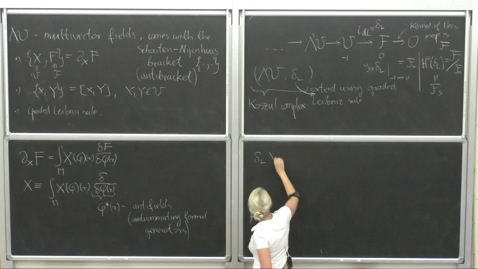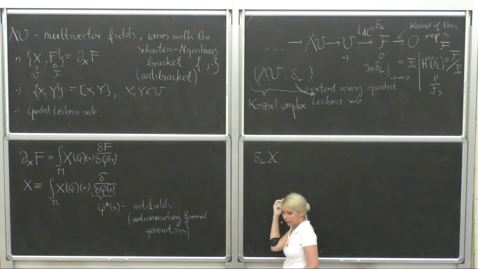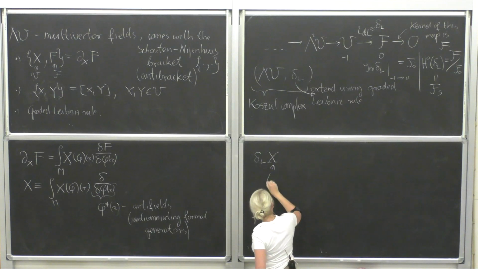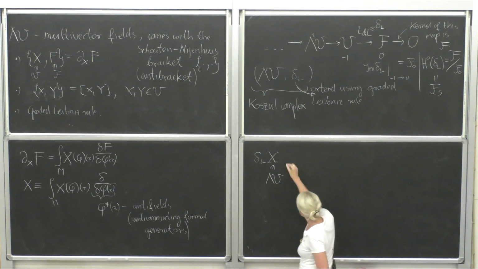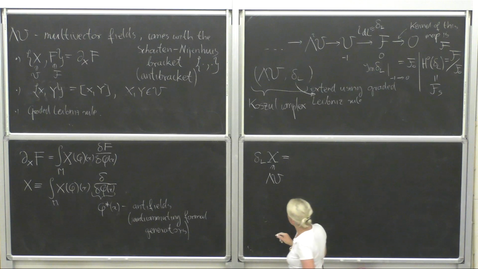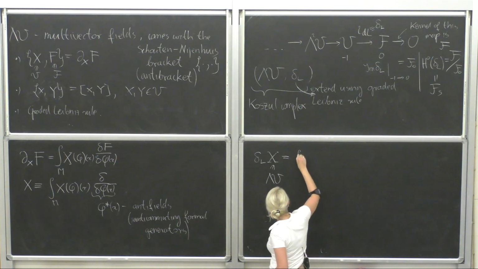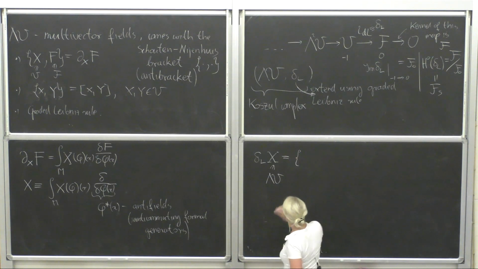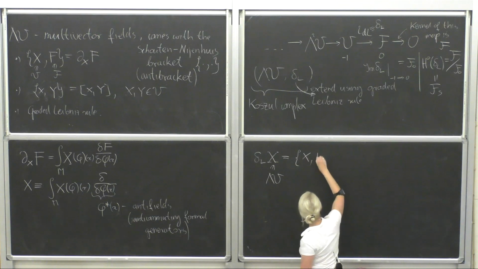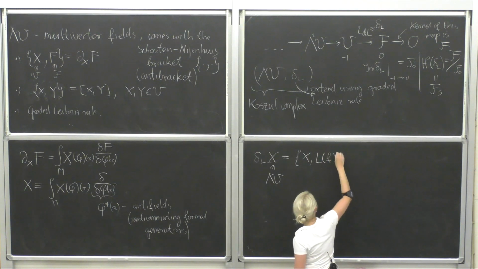So dL of X, where X is now any element of this, can be written as the bracket of X with L of f.